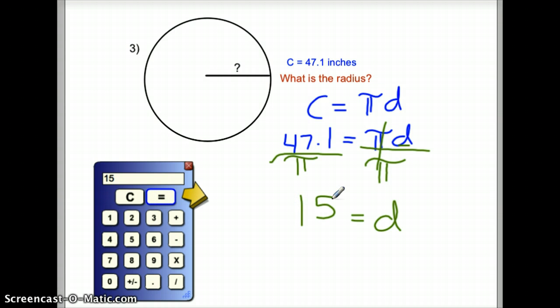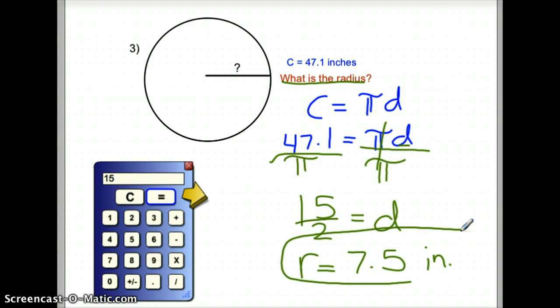So my diameter equals 15, but the question is, what is the radius? So you have to divide this by 2 to get the radius. 15 divided by 2 is 7.5. And our label is inches, so we say the radius equals 7.5 inches.